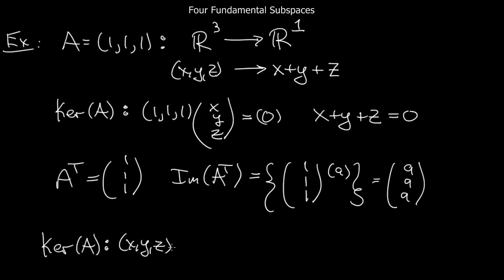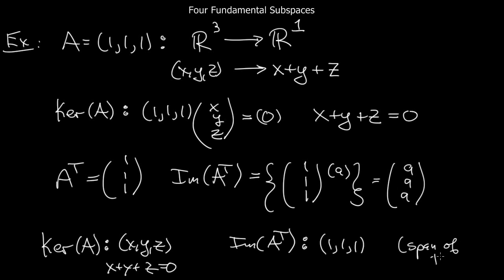I said the kernel of A is the (x, y, z) such that x plus y plus z is equal to 0, and the image of A transpose is these vectors. I'll now write it as a row vector. It's the span of the vector (1, 1, 1). And so you see, if you take something in the kernel of A and dot it with something in the image of A transpose, you get 0 precisely. That's if and only if. So this shows that in this example, the kernel of A is the image of A transpose perp.